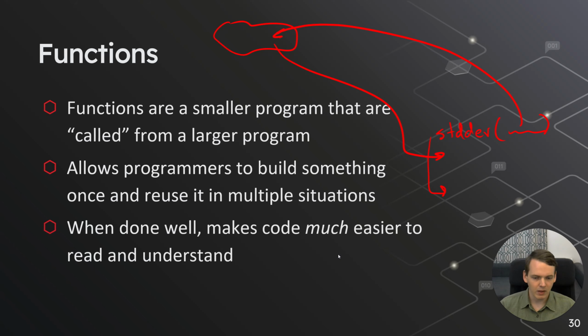Another practical use of this is when it's done well, it makes code much easier to read and understand. If you've made it clear and you say this calculates standard deviation, then you don't need to read all the lines of code to see what it's doing. You're going, oh, I'm just finding the standard deviation here. I get that.